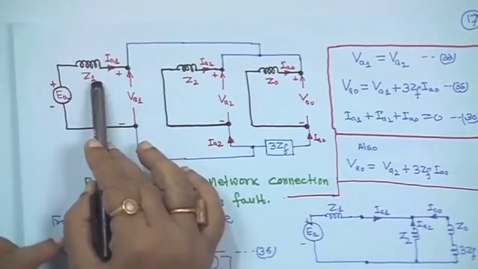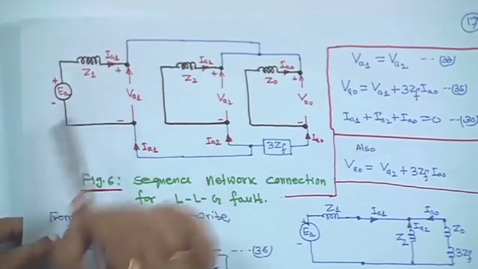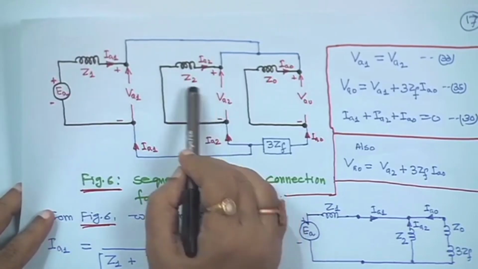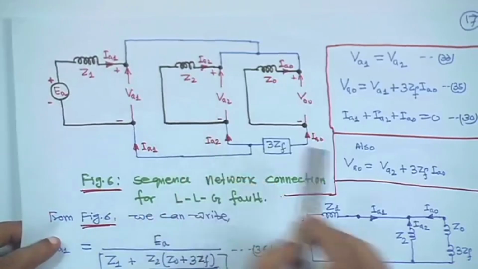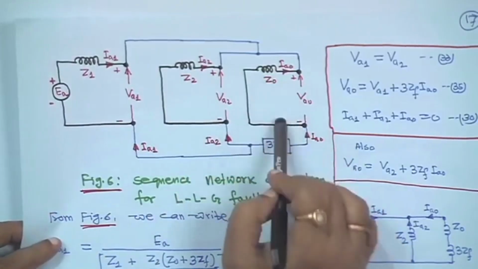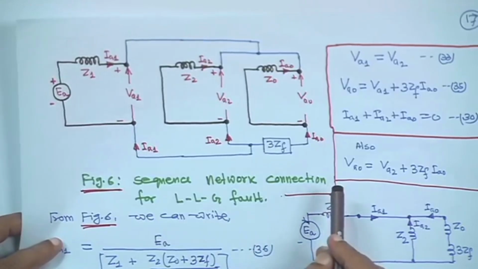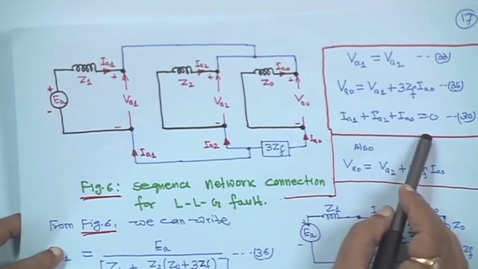The black color is my positive sequence network, with EA, Z1 and IA1. This one is my negative sequence network, Z2, and this is the zero sequence network, Z0. First, VA1 equals VA2, and IA1 plus IA2 plus IA0 equals 0.